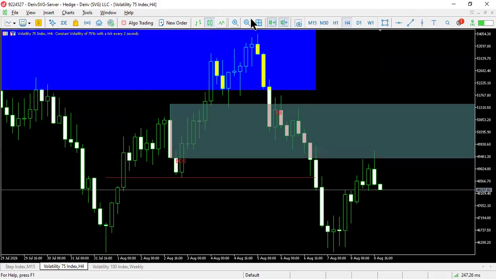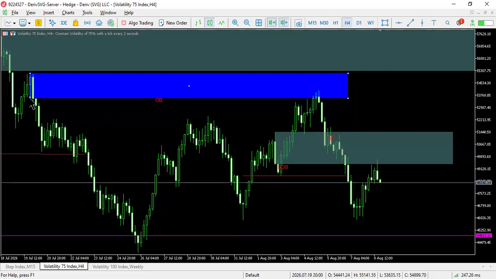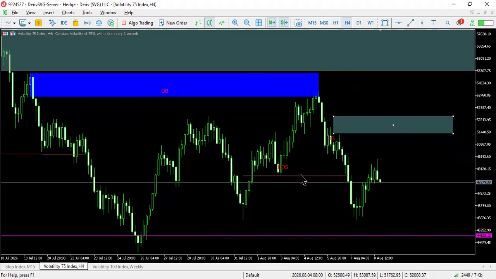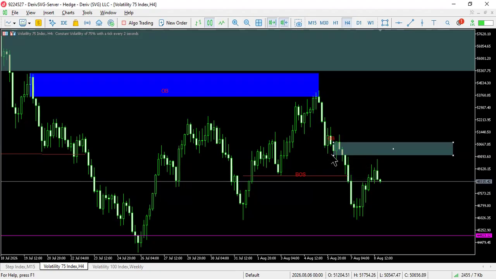Heading over to the 4 hours time frame. From the 4 hours time frame, we have this break of structure, and then the order block which caused the break of structure.